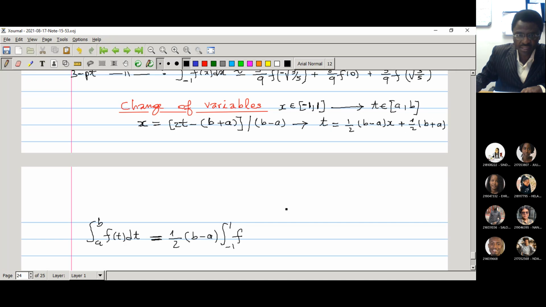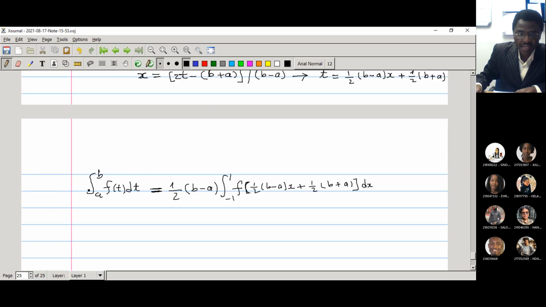So I take this and I substitute here. So f of this, which is b minus a times x plus b plus a, dx, and you see that this x takes the values -1, 1.